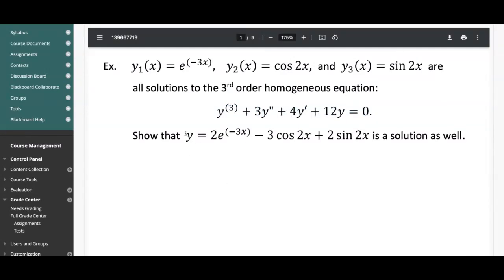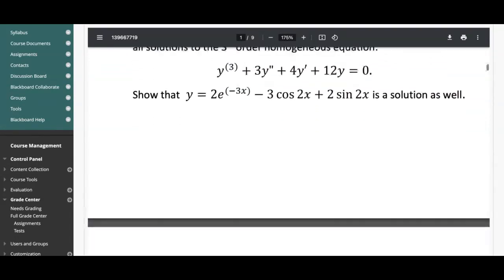And we want to show this combination is a solution as well. Well, let's see. This is y1, this is y2, and this is y3. This is C1, C2, C3. We'll just have to take the derivatives.